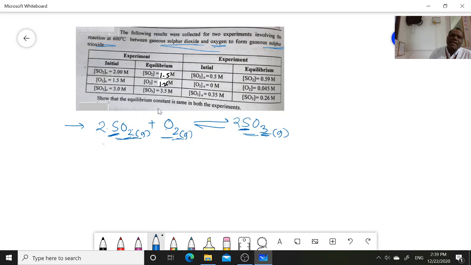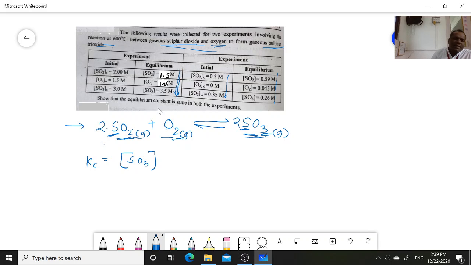Since the values are given in molar concentration, not in partial pressure, we can write it as Kc, that is the equilibrium constant in case of concentration. We know that it is product divided by reactant. SO3 is a gas, no problem, because the concentrations are given in molar.